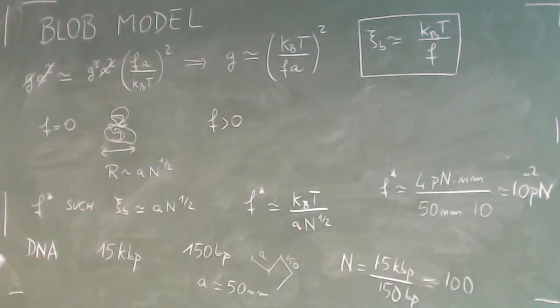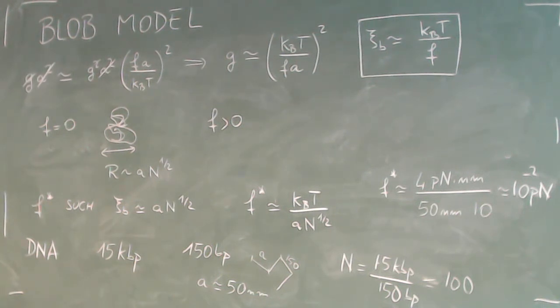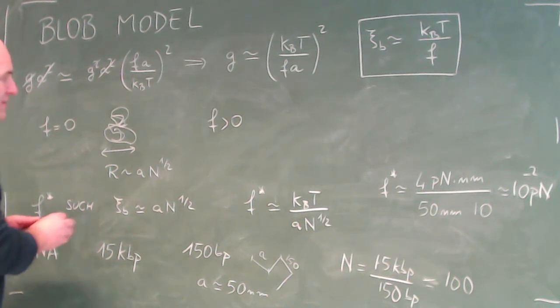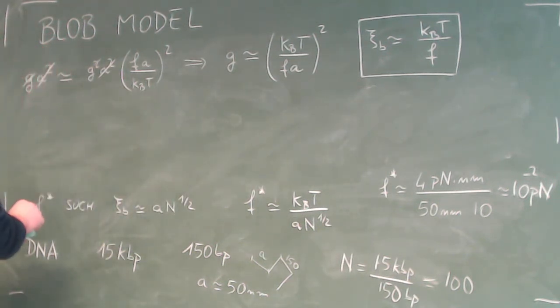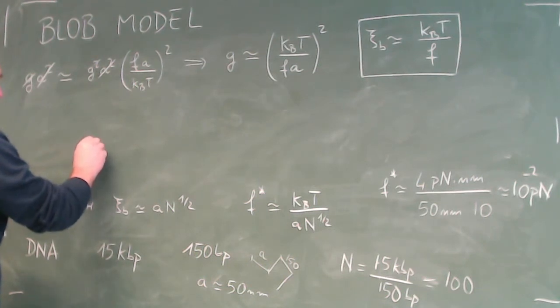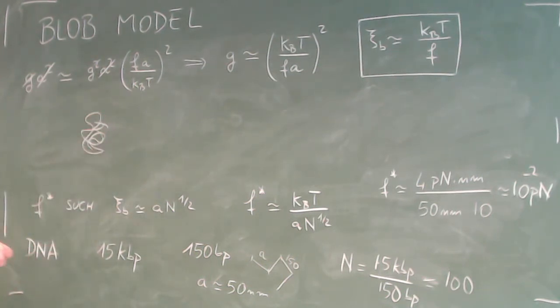Okay. So what is this 10 to the minus 2 piconewton? At this force scale for my 15 kilobase DNA, it's not really significantly perturbing the ideal structure of the polymer. So I have a piece of DNA of 15 kilobase pairs. At zero force, it's a random coil, like this.